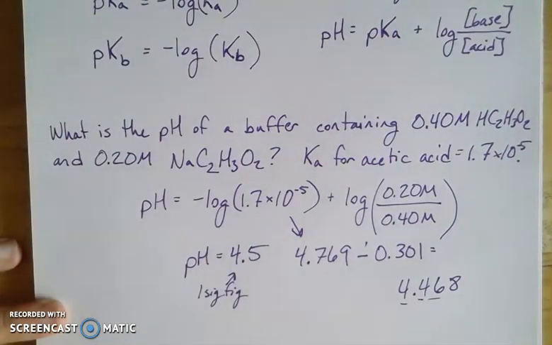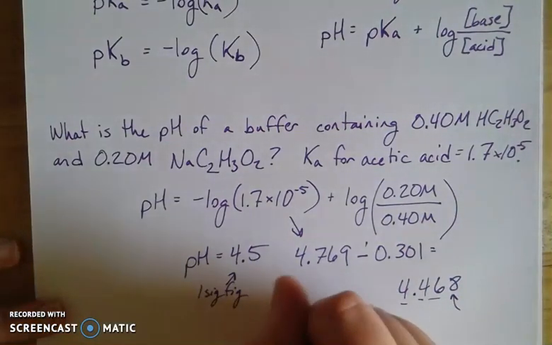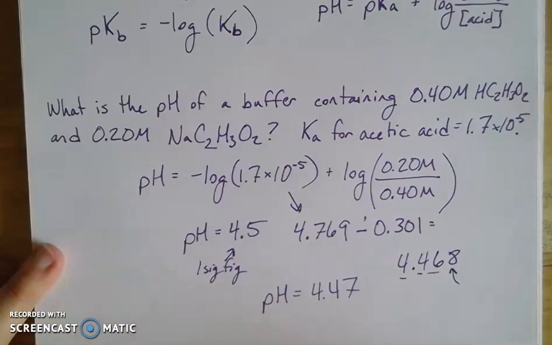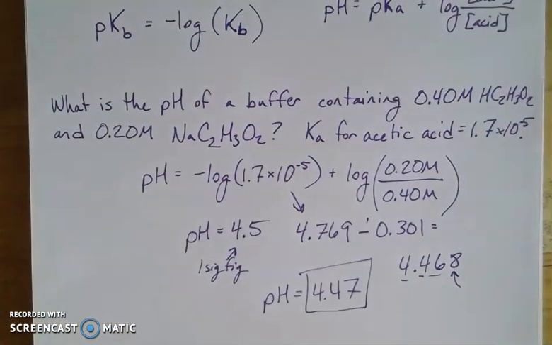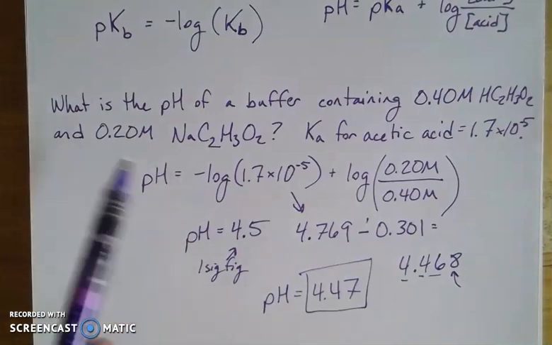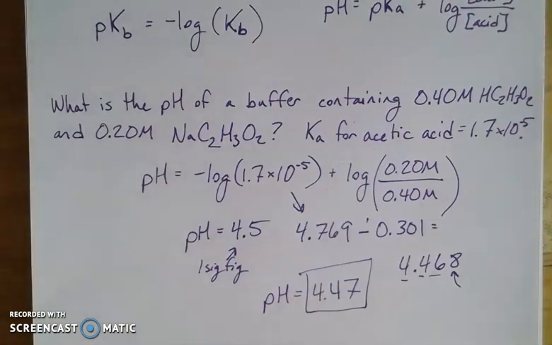This would be two significant figures, and it looks like we're going to be rounding up, so that would give us a pH of 4.47, with 2 sig figs. Again, the 2 sig figs are coming from our concentration values there.